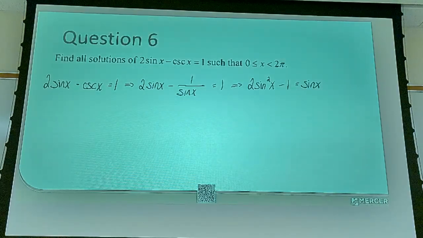We now have quadratic form. And you want to move everything to one side and have it equal to 0.